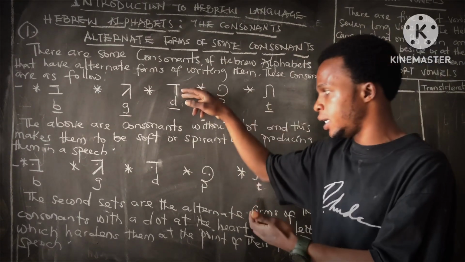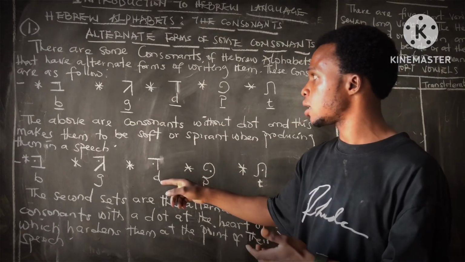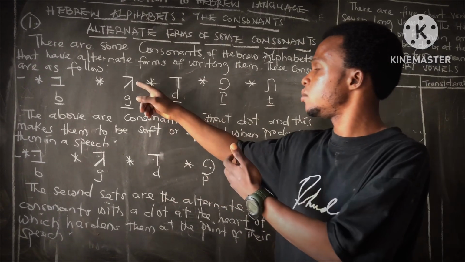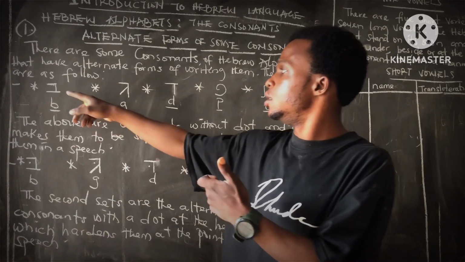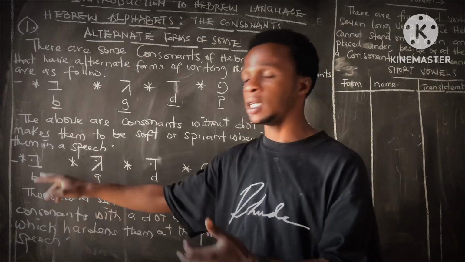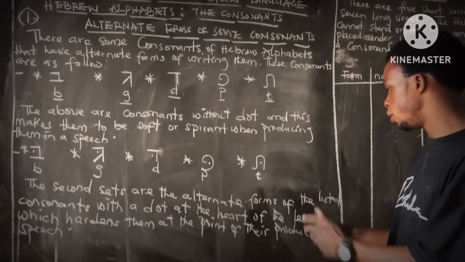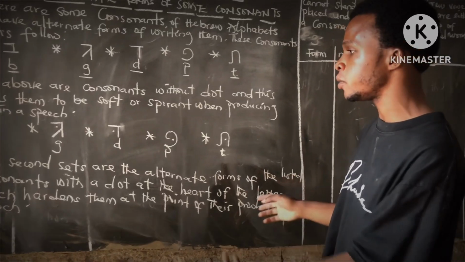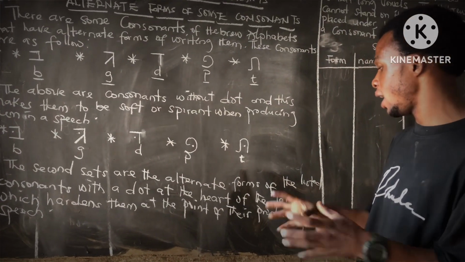This is dalet. This is the first form without dagesh or dot, and this is the second form. We have the gimel, the first form and the second form, and we have the bet, which is vet here, and the second form. The second set are the alternative forms of the listed consonants, with a dot in the middle, at the heart of the letter.